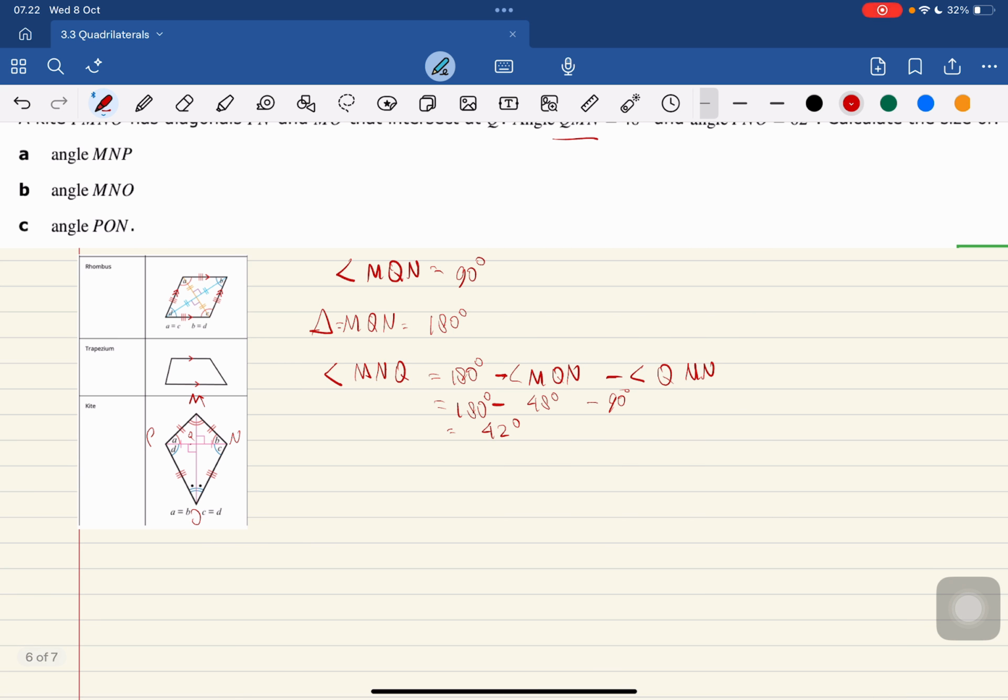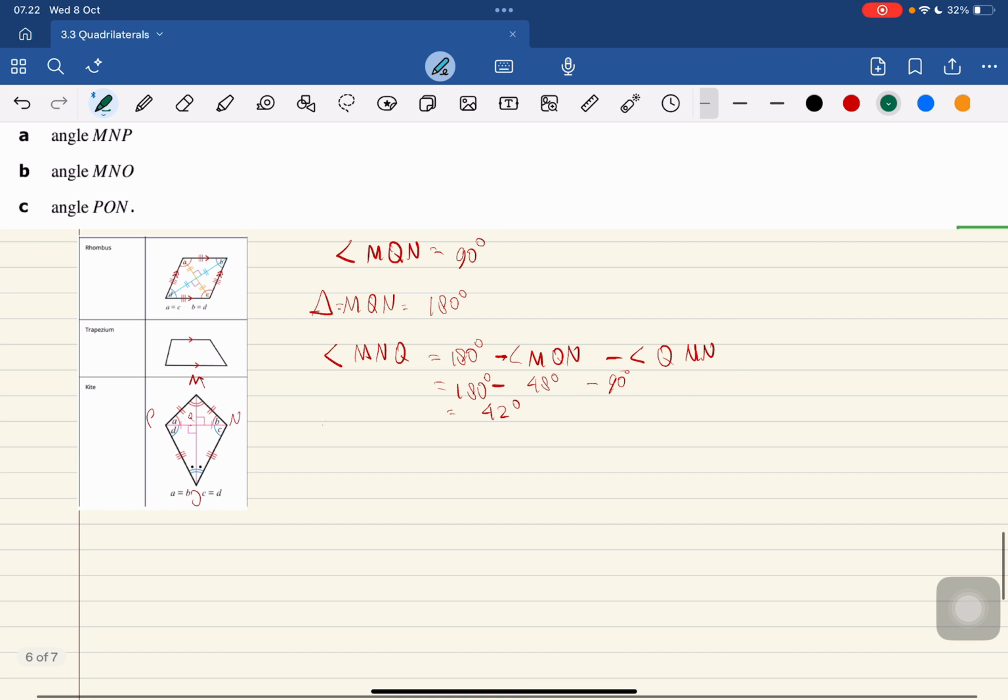So how can we calculate the angle MPQ? Look at it, a kite.